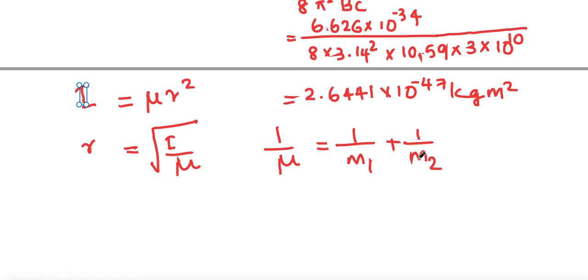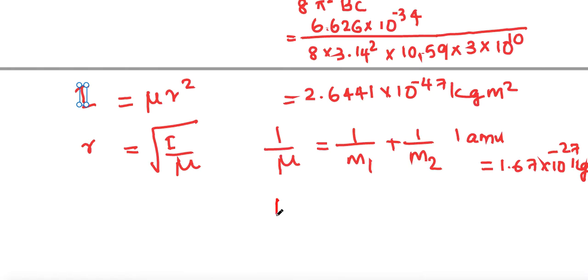So here the compound is HCl. We are given the mass of H and Cl in units of AMU. So 1 AMU is equal to 1.67 into 10 raised to minus 27 kilogram. So we have to substitute that and obtain the values for m1 and m2.